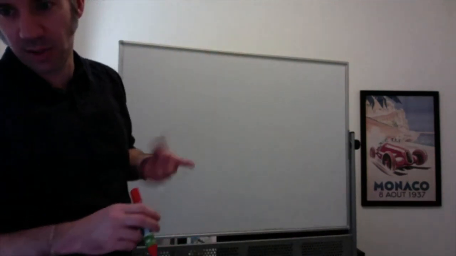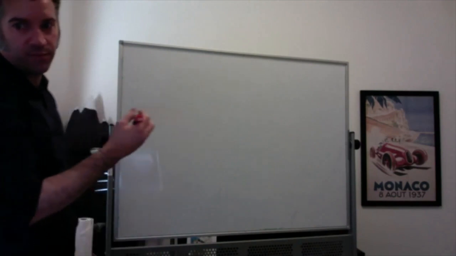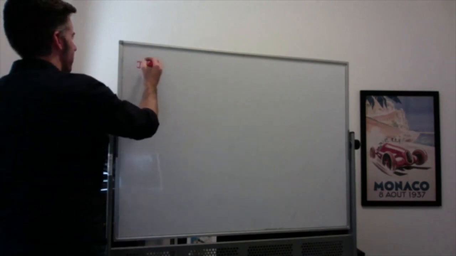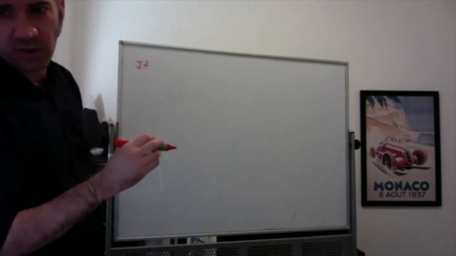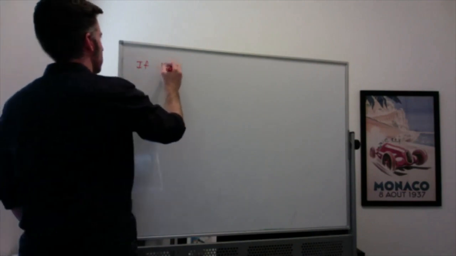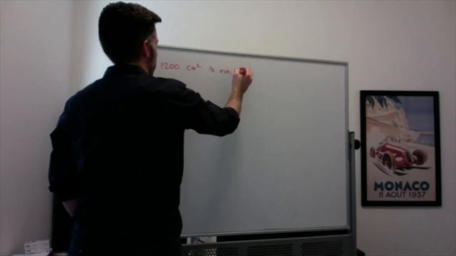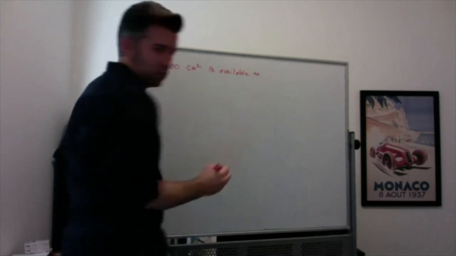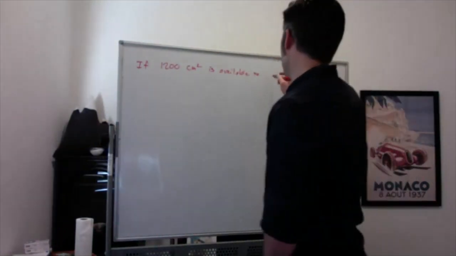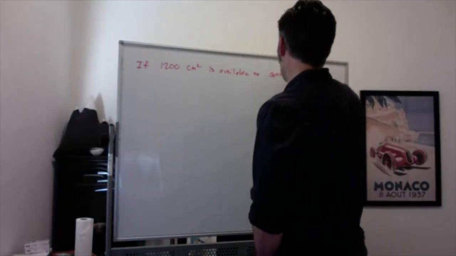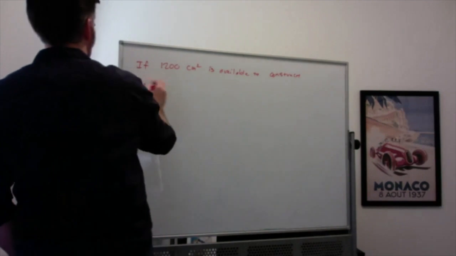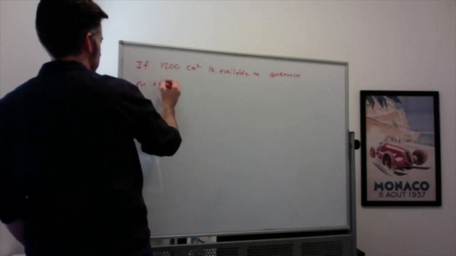So here's an example somebody sent me. If 1,200 square centimeters of material is available to construct an open top box with a square base.